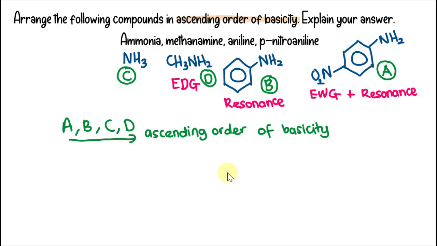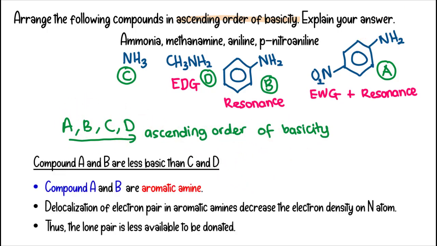Now let's explain our answer. Why is the order like this? First, compounds A and B are less basic than C and D because A and B are aromatic amines. The delocalization of the electron pair in aromatic amines will decrease the electron density on the nitrogen atom. Thus, the lone pair is less available to be donated.